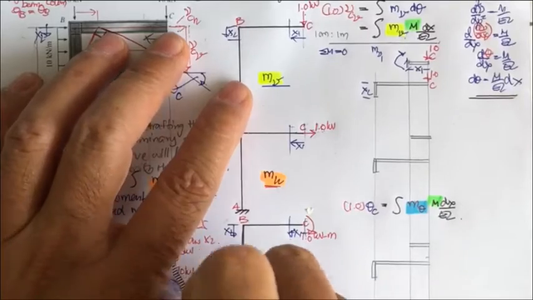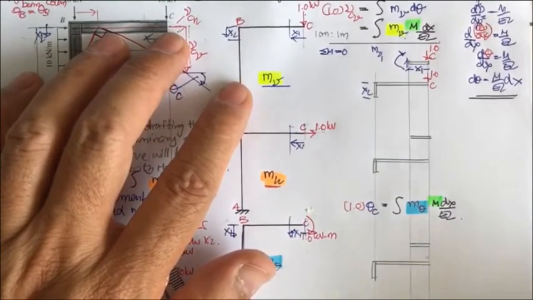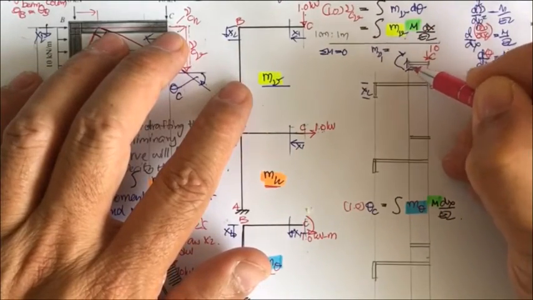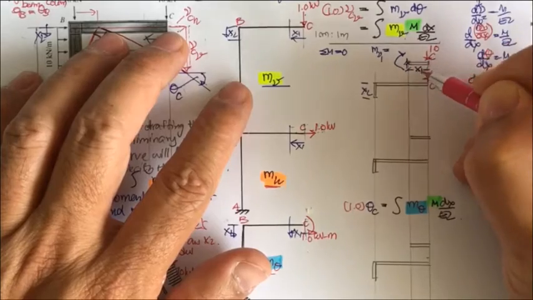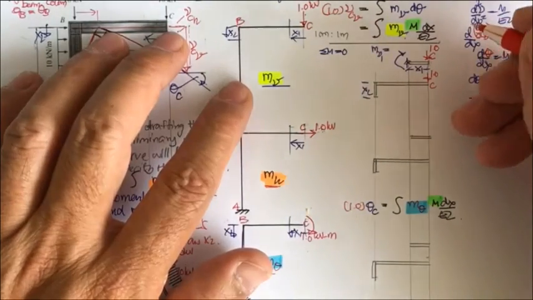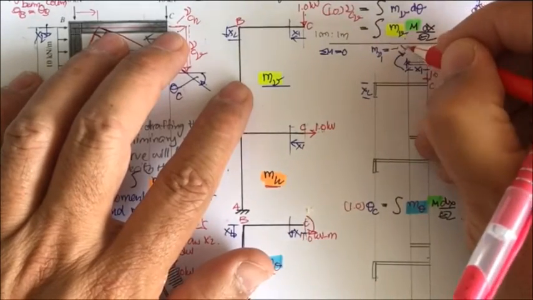And now if the summation of moment over there is 0, what you have is m sub v1 gonna be, this is going to rotate about this point in the same direction, so it's gonna be minus 1 times x1, so minus x1.